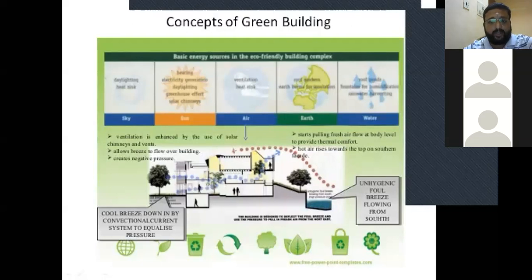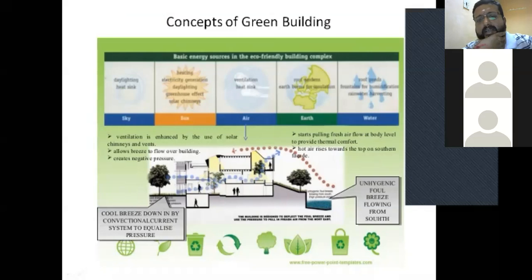And now we go to an actual example of a green building. This building is a typical example of a green building. If you want, you can look it up on the internet. There are several examples. In India, the most well-known example is the Bangalore building of the Tata Energy Resources Institute. They have taken into consideration all the five elements of nature and how it is balanced within the building to circulate the air, to ventilate the entire building, to give lighting.